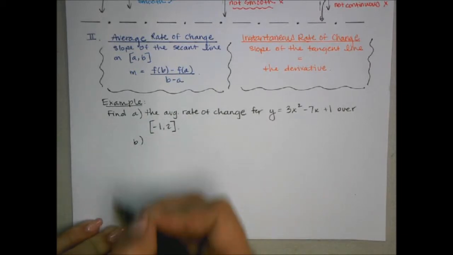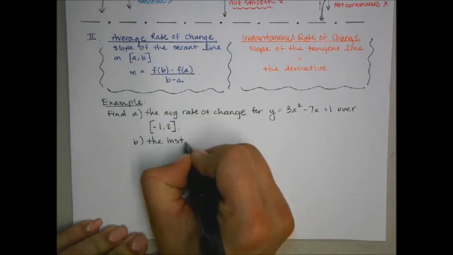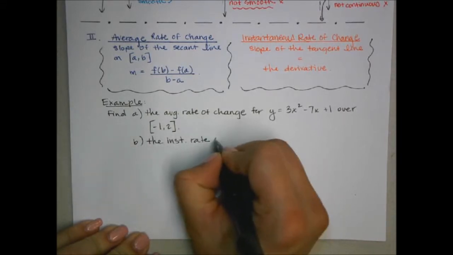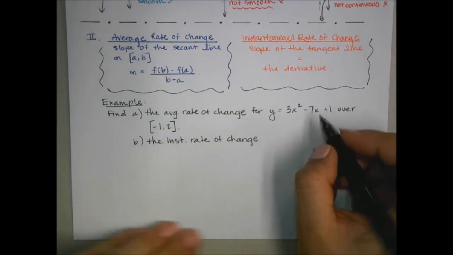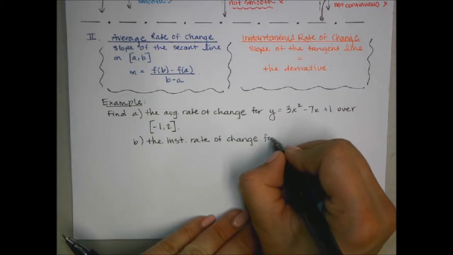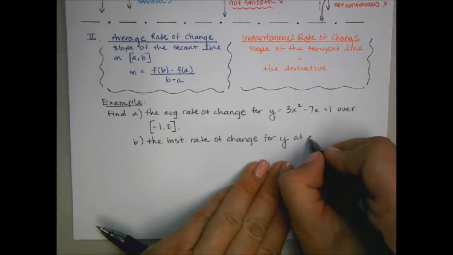Then we'll find the instantaneous rate of change for the same function at each endpoint.